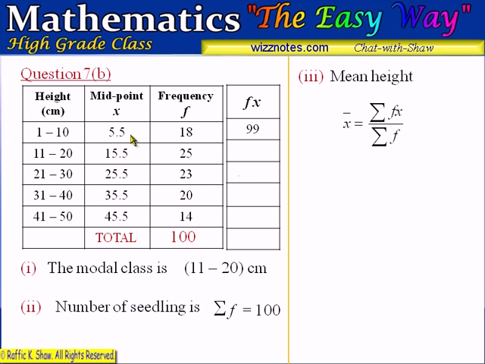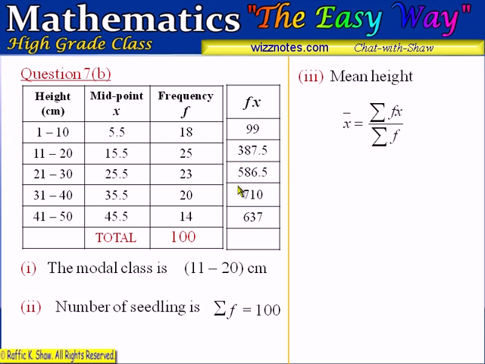So 18 multiplied by 5.5 is 99. 25 multiplied by 15.5 is this value here. Then 23 multiplied by 25.5. Then 20 multiplied by 35.5 gives us 710, and 14 multiplied by 45.5 gives us 675.